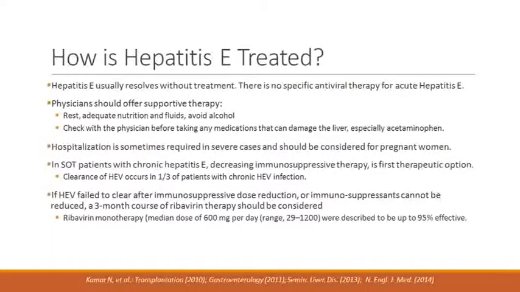However, in solid organ transplant recipients with chronic hepatitis E, decreasing immunosuppressive therapy might be a solution to help resolve the infection. The clearance in such a situation occurs in about 1/3 of the patients, and if that doesn't help, then treatment with ribavirin was demonstrated to be quite effective.